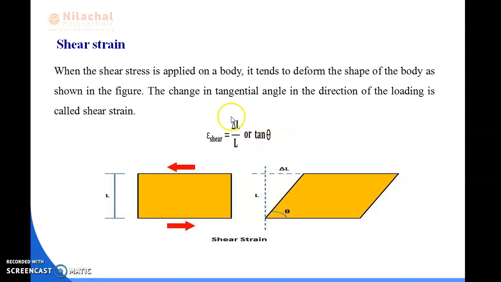If you are given the theta value, you can find tan theta. If you are given the delta L and L values, you can also find epsilon shear, that means the shear strain value.